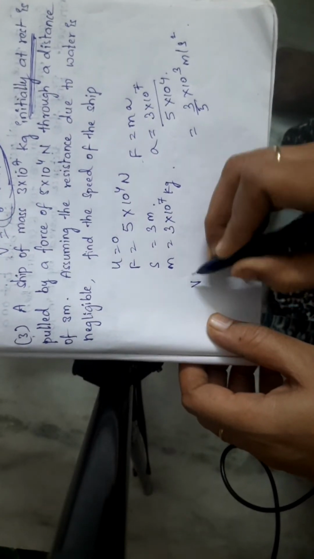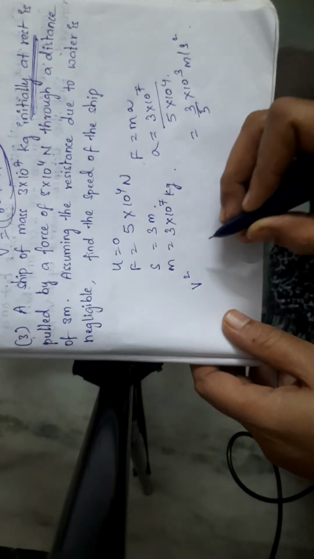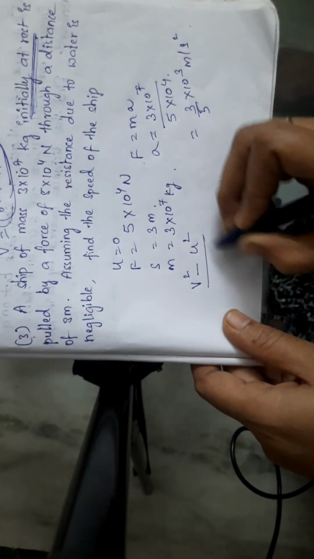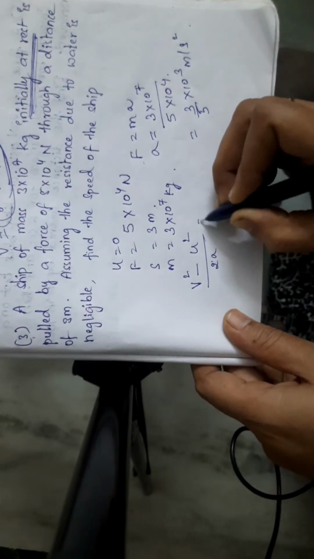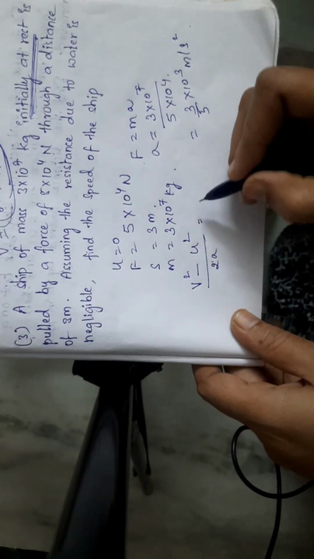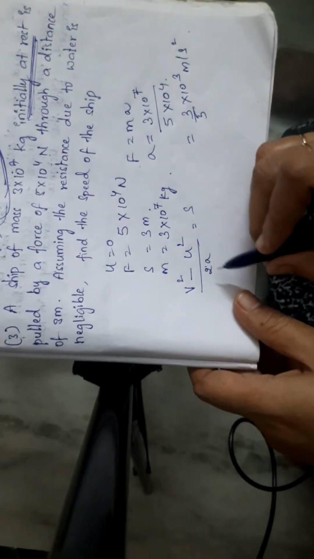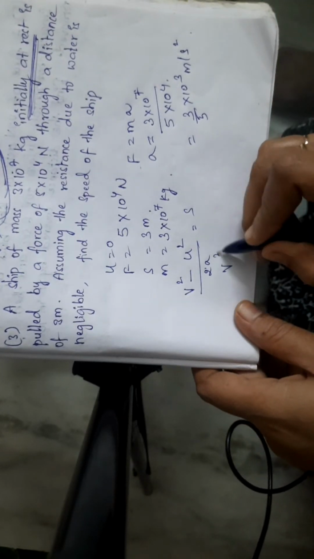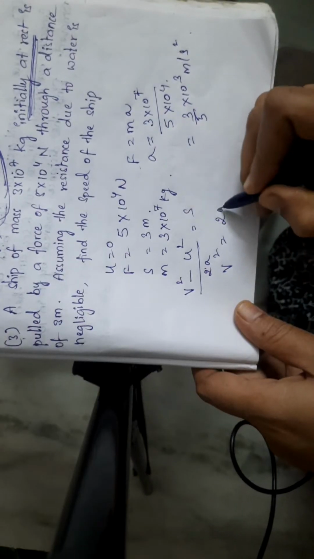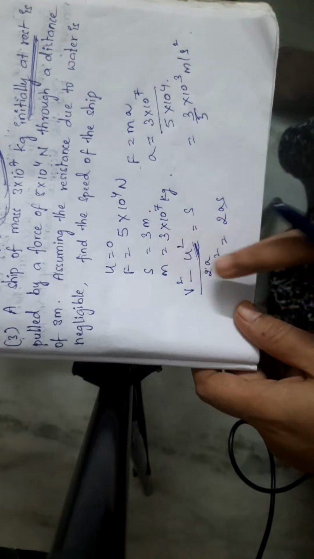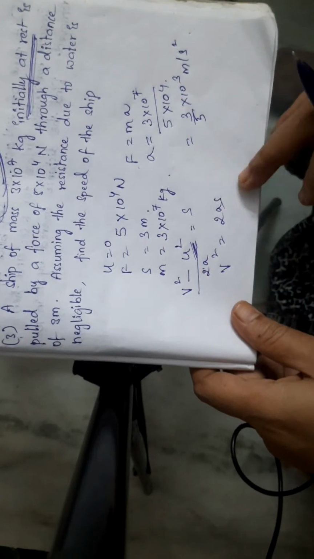We have another equation of motion, that is v square minus u square upon 2a is s. Here we do the cross multiplication to find v square. It's 2as because the object is initially at rest, so if you make u 0, v square will be 2as.